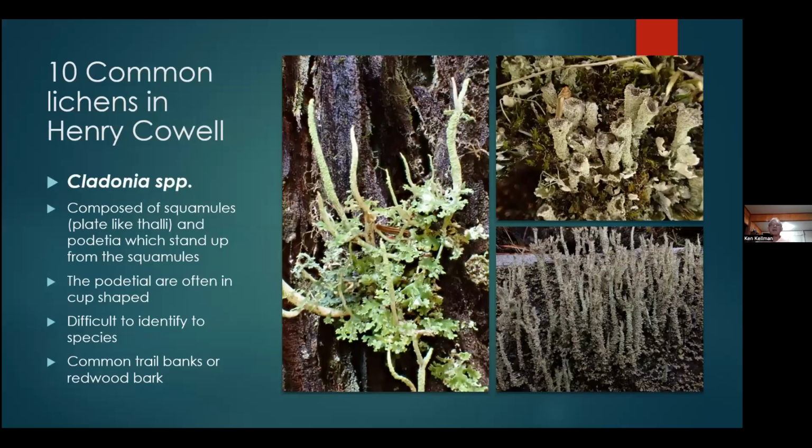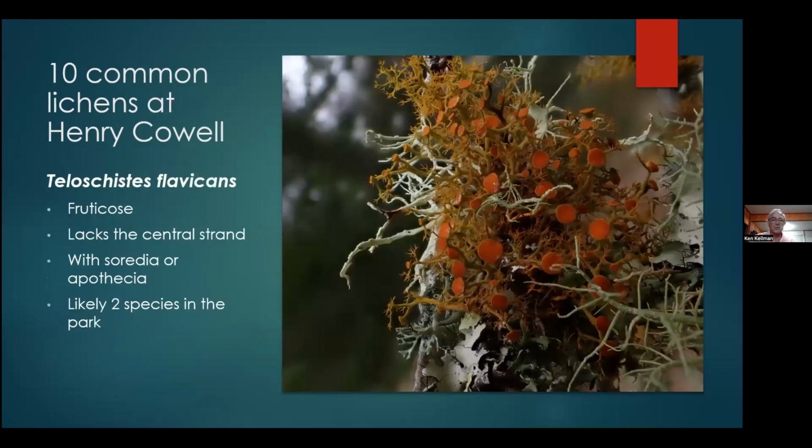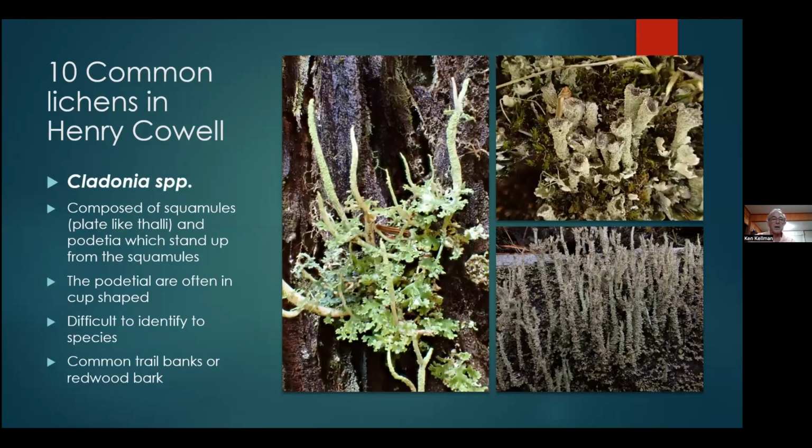Another very common genus is Cladonia. Cladonia grows in all different forms. You can see it on soil banks, and a lot of times you can see it on redwood bark. The basic modules of Cladonia are these little plates called squamules and these little erect structures called podetia.